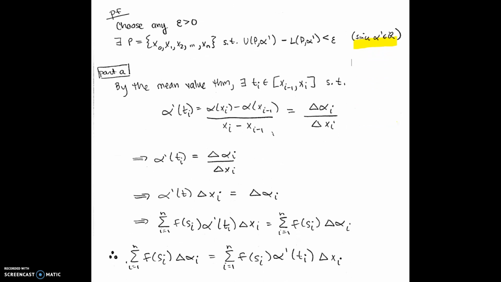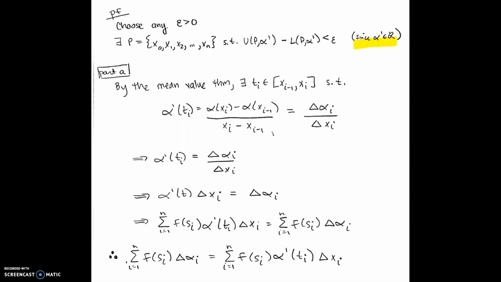we're going to start out by using the mean value theorem. By the mean value theorem, there exists some point ti in the closed interval x sub i minus 1 to xi such that alpha prime of ti equals alpha of xi minus alpha of xi minus 1 over xi minus xi minus 1.